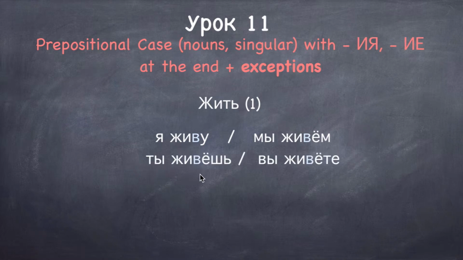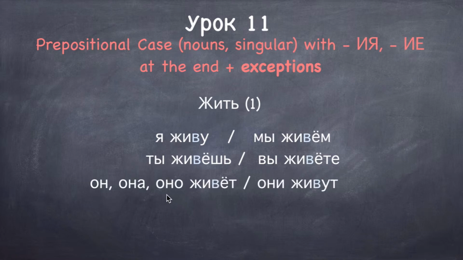Ты живешь. Вы живете. Он, она, оно живет. Они живут. I think previously we have had verbs ending with stressed ending. But let me remind you that whenever our ending is under the stress, then ye becomes yo in the ending. Живем.